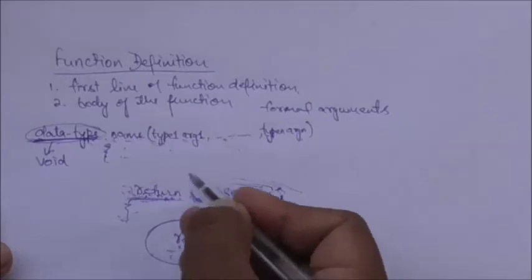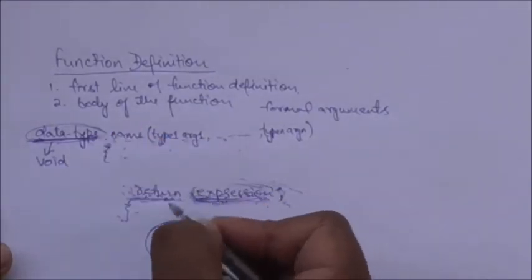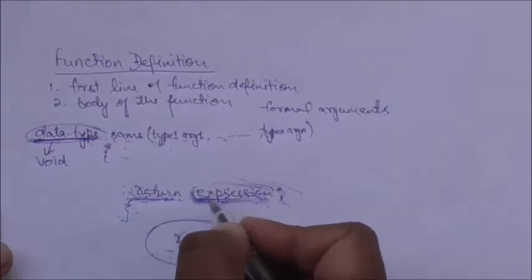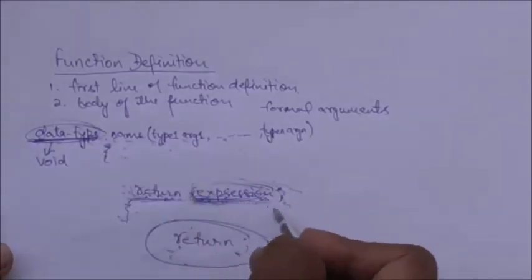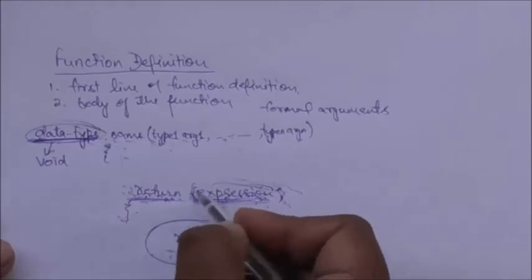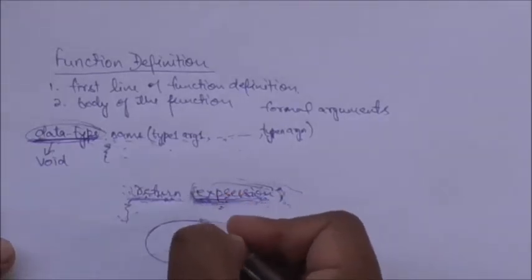If it is not the same, then the compiler will try to convert the data type of this expression implicitly to the data type mentioned here. But if the compiler fails, then you will get an error.